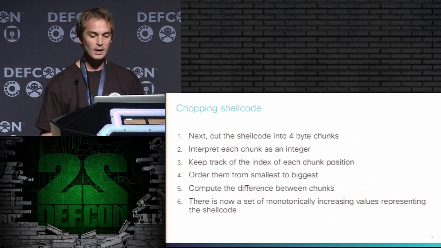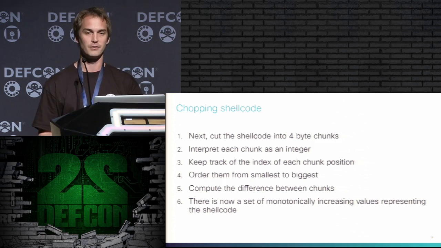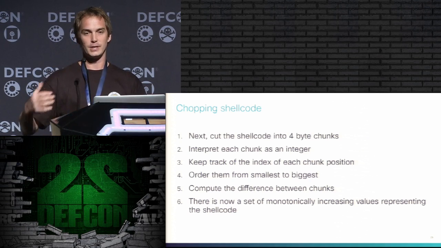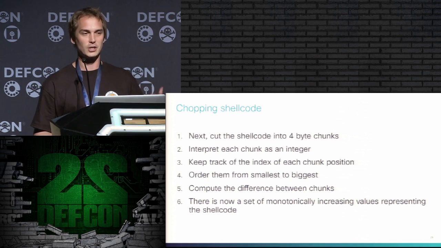Once you've done that, you compute the difference between each chunk. That gives you deltas between your pieces of shellcode, and keeps it monotonically increasing, meaning that each time you add a value to your register, it always goes up.